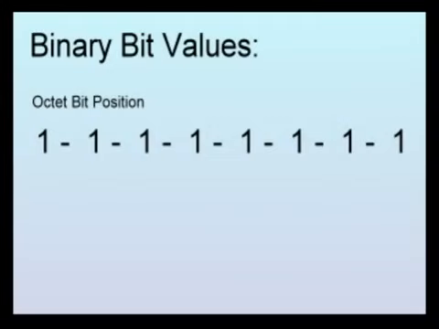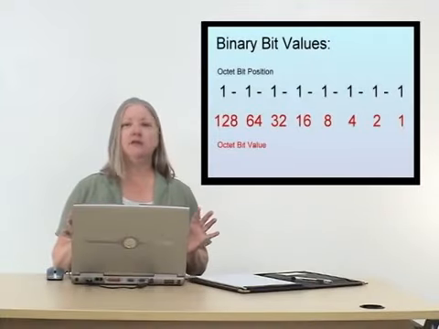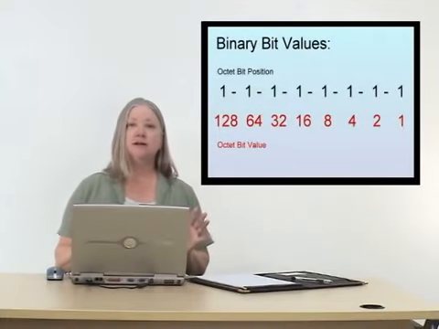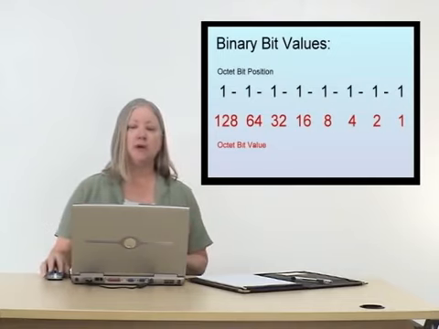If you recall, your highest order bit has a value of 128, then 64, 32, 16, 8, 4, 2, and 1. You go ahead and write these down. You're not going to have to try and think about it as you're answering the questions. You'll have it there to refer to, so you can get through that question quickly.